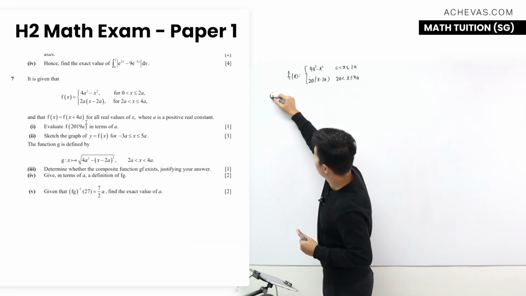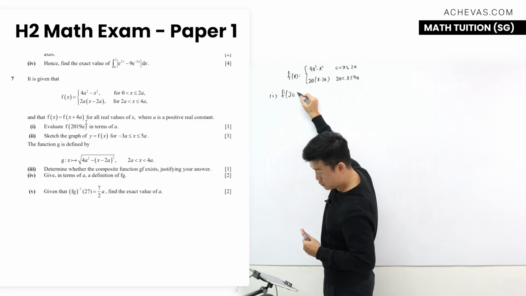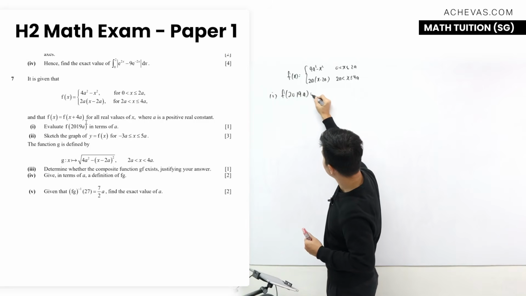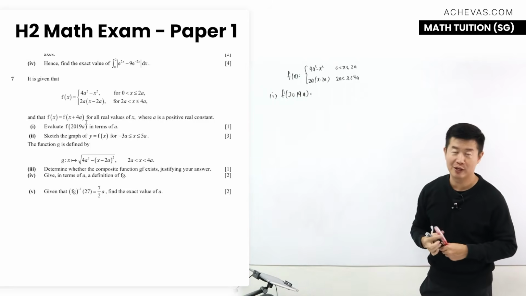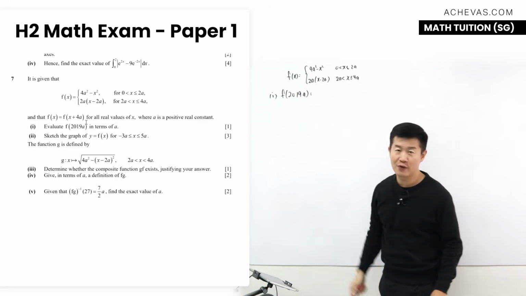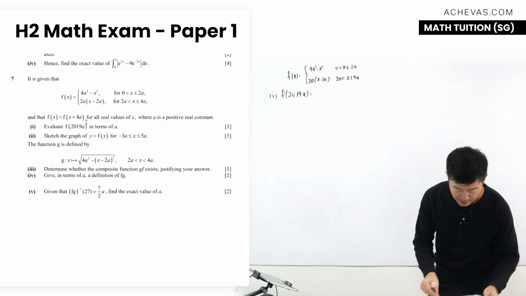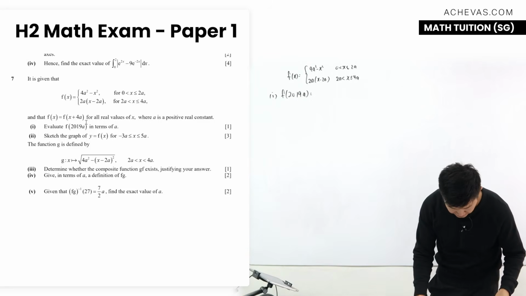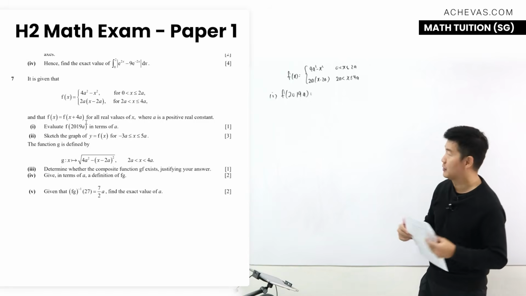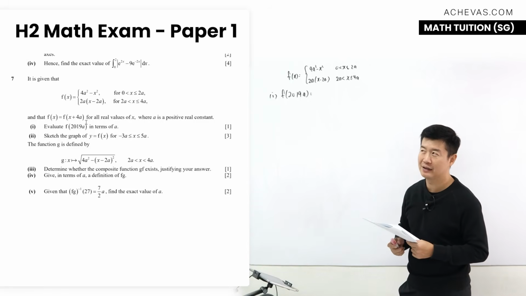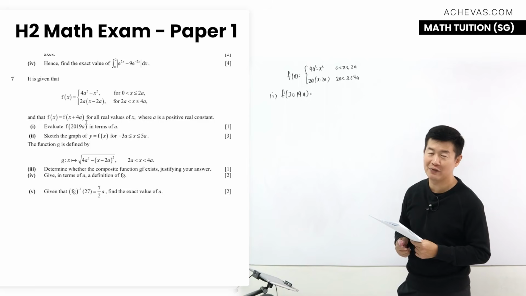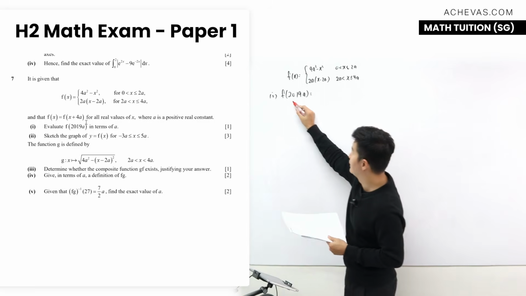And knowing that, for part 1, f(2019a), you use your own method to try to break down how many 4a's there are in here. When I did it myself, I just tried to divide 2019 by 4 and see what the numbers are.